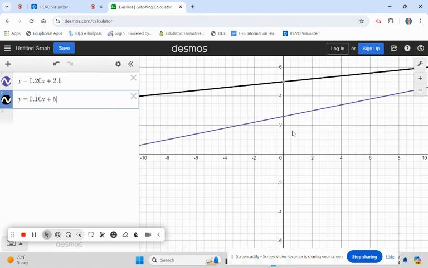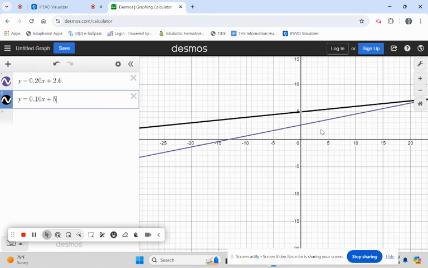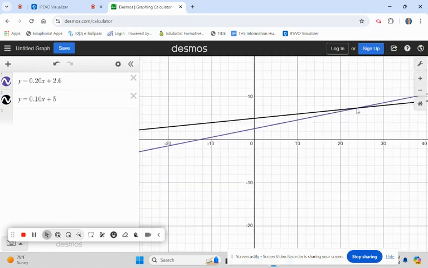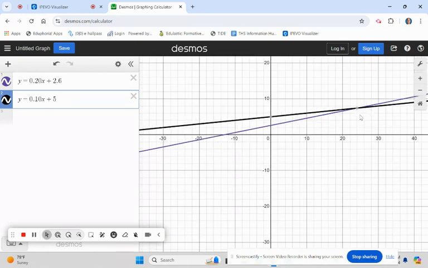Now, we don't see the point of intersection. That's okay. We're going to zoom out until we do. There it is. We're going to go ahead and click there. There we go. Just had to zoom out.